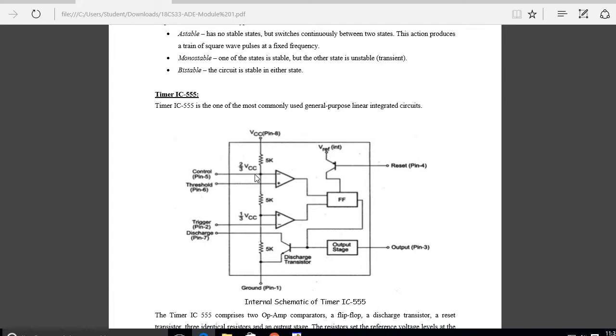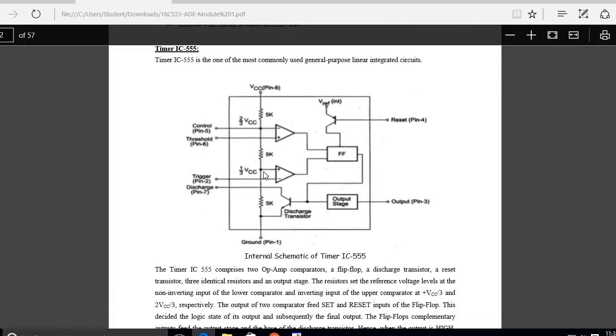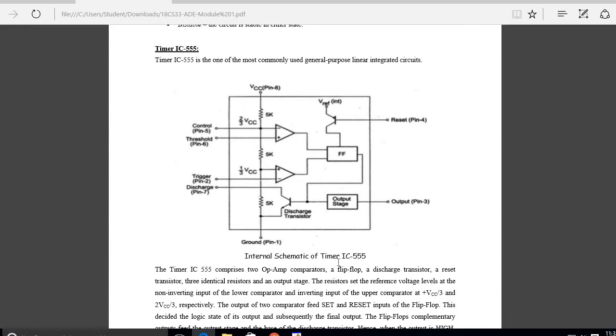Coming to the IC555 diagram, one of the most commonly used general purpose linear integrated circuits is the timer IC555. Its internal schematic diagram is like this. It consists of two operational amplifiers, one transistor and one flip-flop.